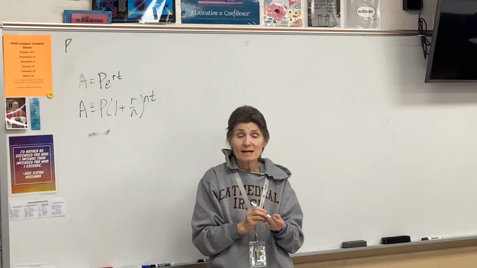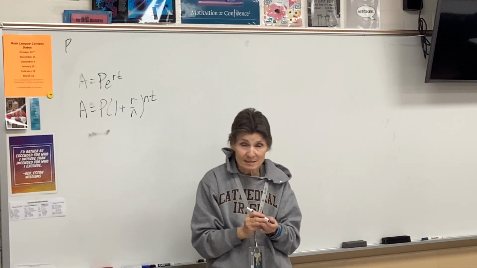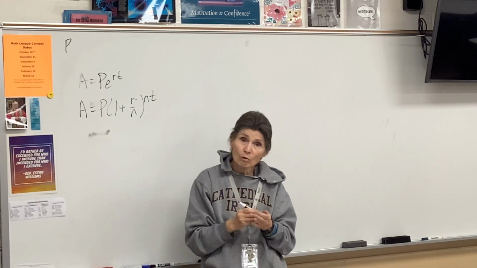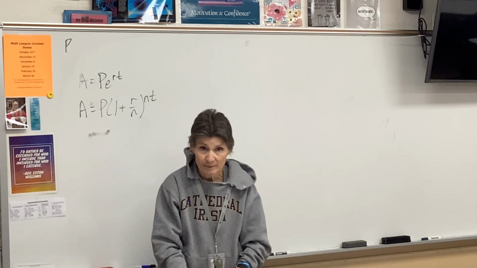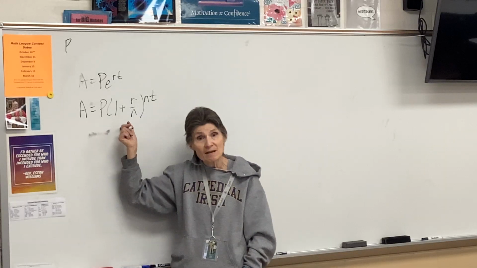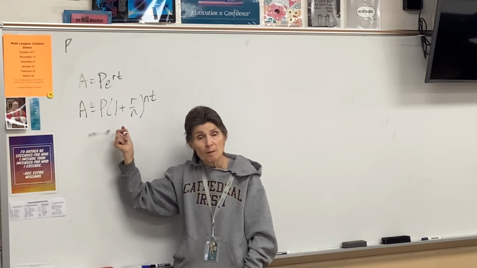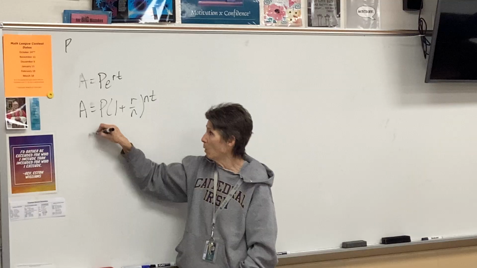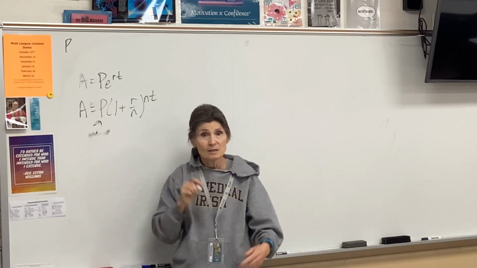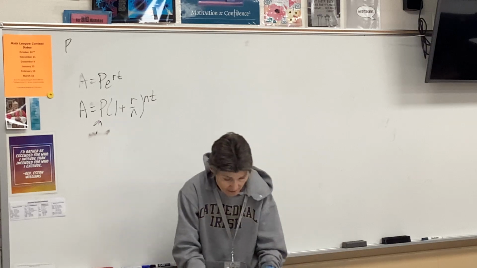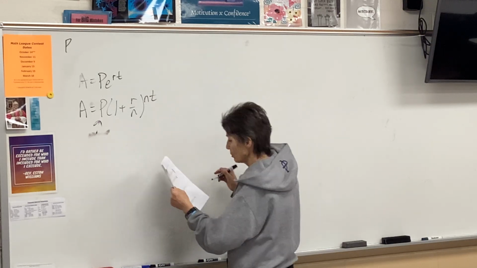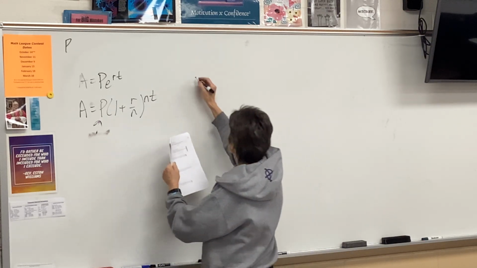As long as we are doing payments. We do not use these formulas unless we are making payments, okay? This formula saves for the future, but I'm not making payments. I make a one-time deposit. Keep that straight.